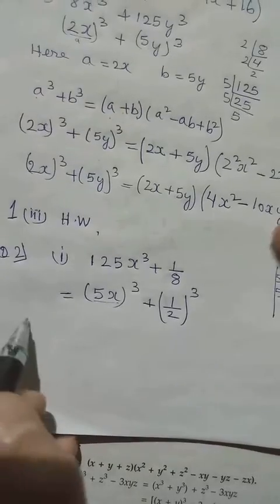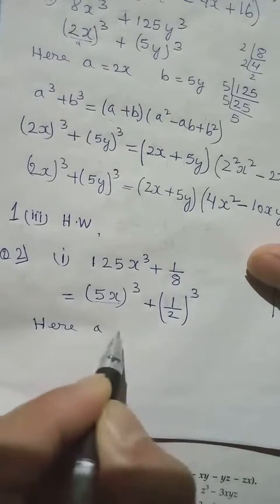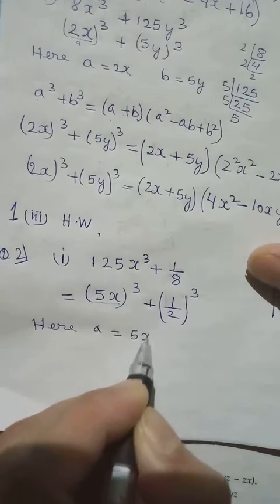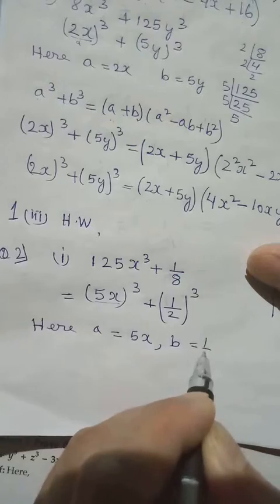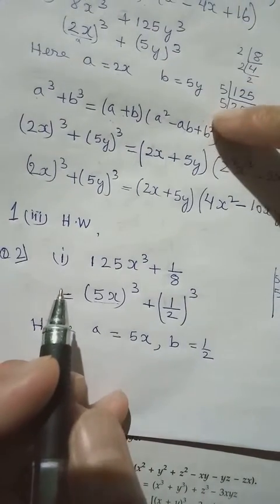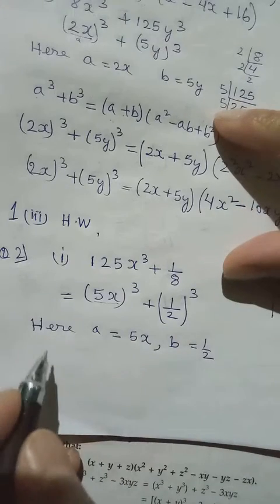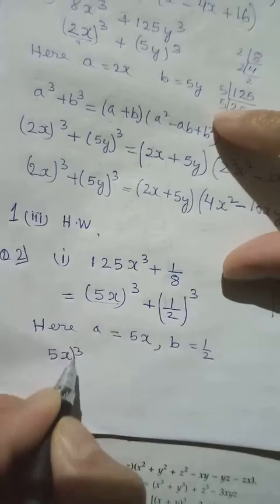So let's do it. Here our A is 5x. In place of B, we will write 1 by 2. So please learn by heart the formula, or see the trick which I already taught you before. So now we will replace. This is the question part, let it remain like that.